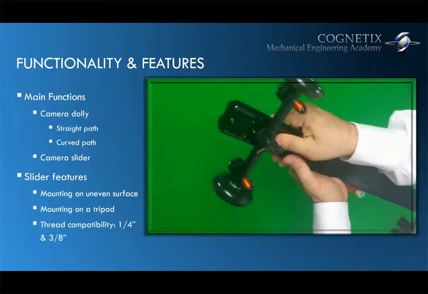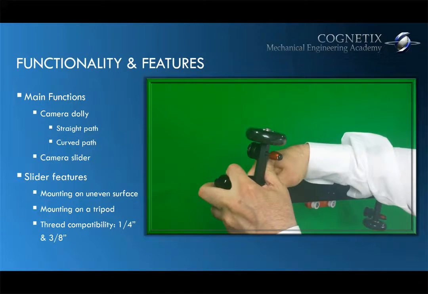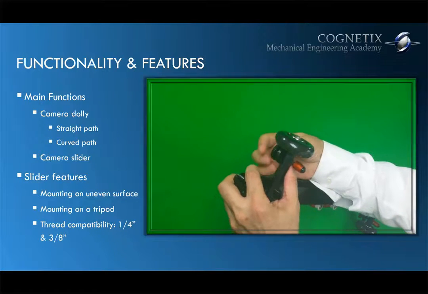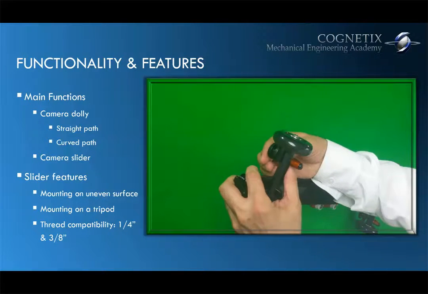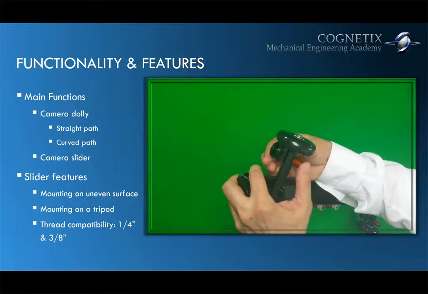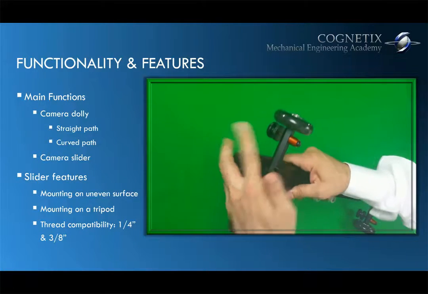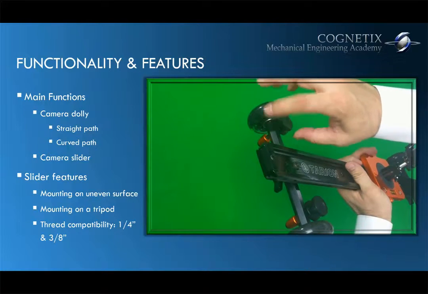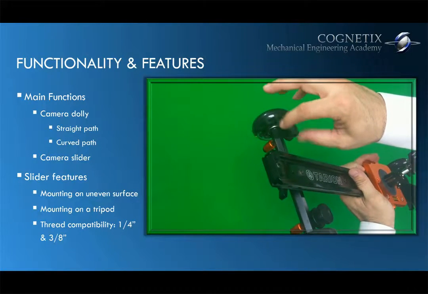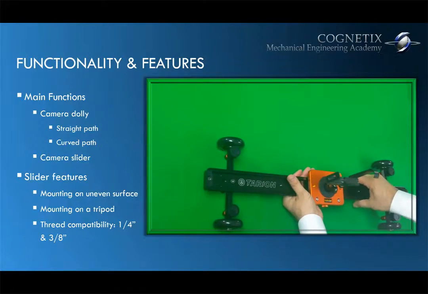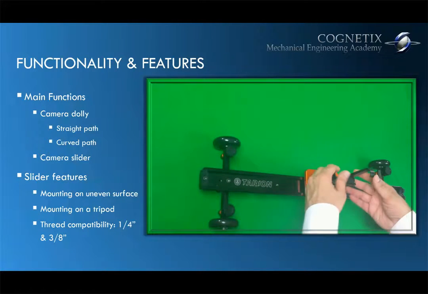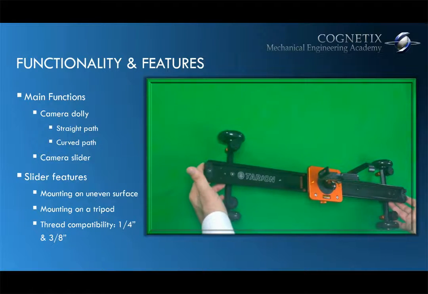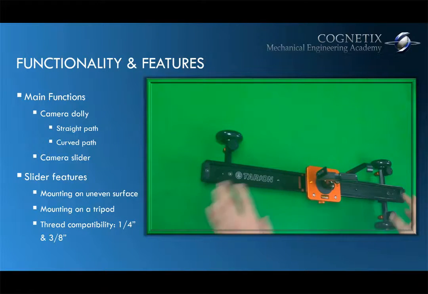What I'm doing here, just so you can see, I am loosening these up and I am retracting the stands so that the wheel will engage the floor or the surface that this camera dolly is riding on. Let's see if that's enough. Yes. So in this particular case, this is the other functionality of this product, is to be used as a camera dolly.